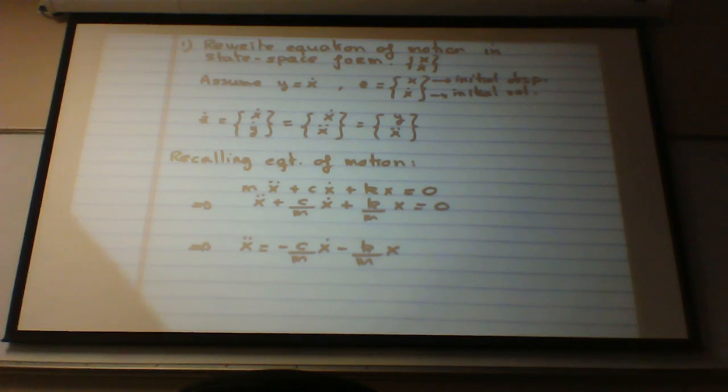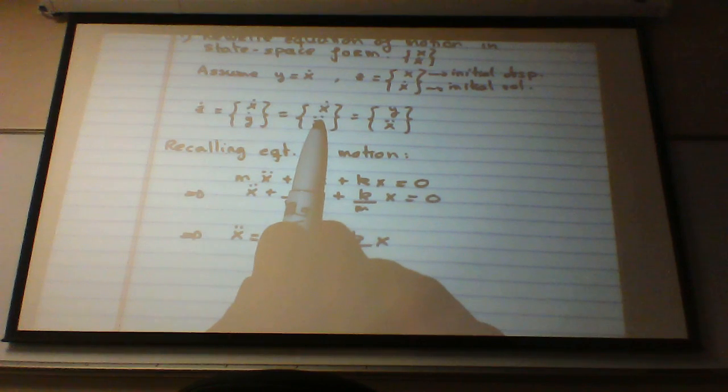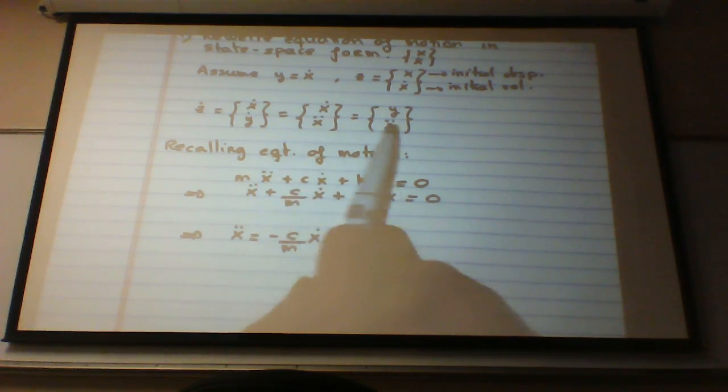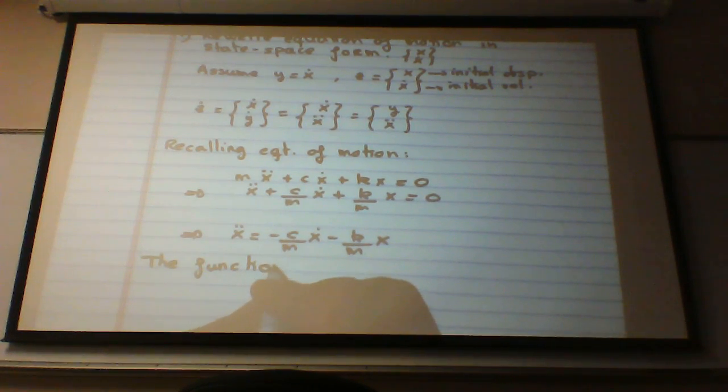Okay, so now look at this term of the equation, these two, and look at this equation. So we say this is the assumed function. So the function z dot becomes what?